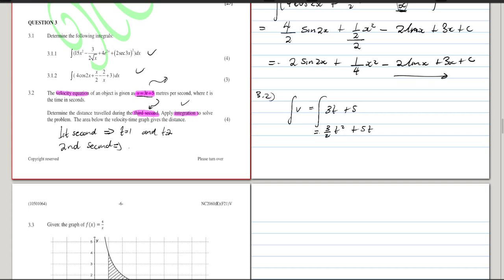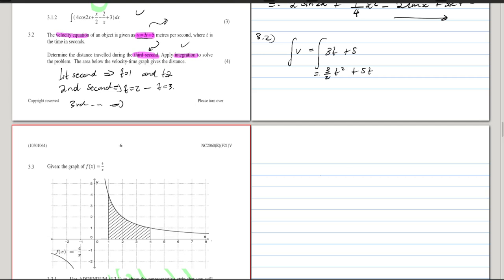Then the second, it's from T2 to T3. Third second, I think you see the pattern by now. No. The first second is from 0 to 1. And then 1 to 2. And then this is 2 to 3. That's what we mean by the third second.